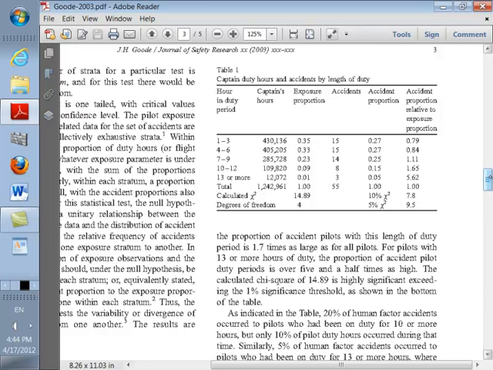And of course, here you have on your left column hour in duty period. Then you have captain's hours. Captain's hours is experience. And then you have a quantity which is called exposure proportion.